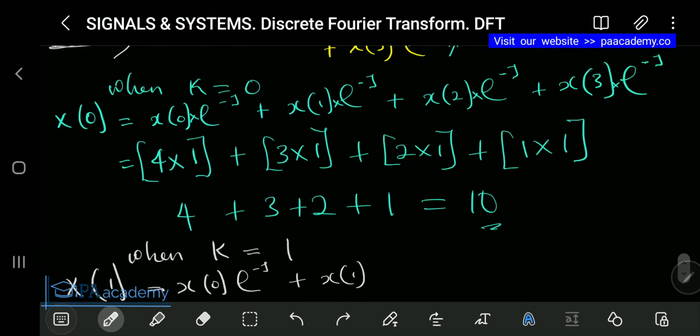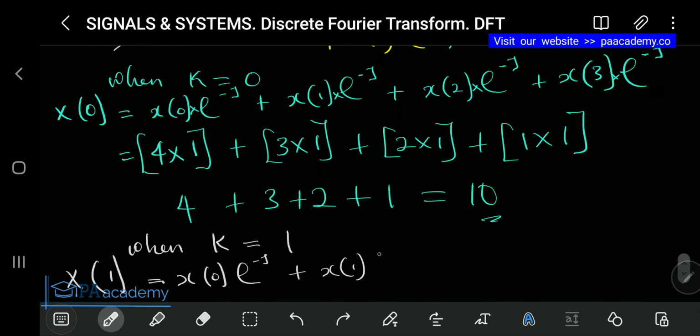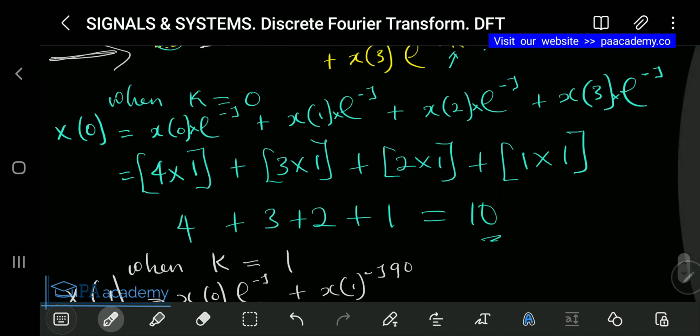So that will be exponential minus j 90 plus x of 2.